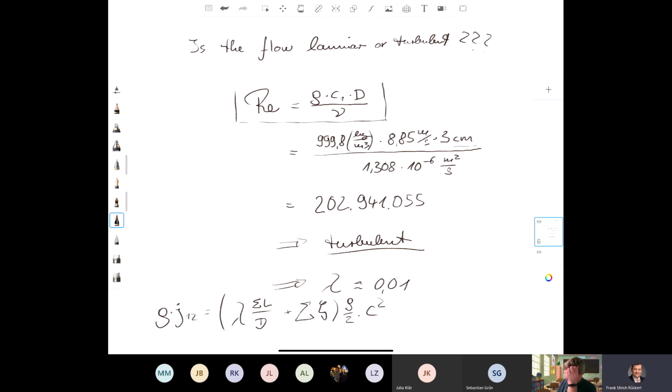Okay, that's a formulation of the pressure drop. Yeah, now we want to look into our picture and we want to formulate the pressure drop.